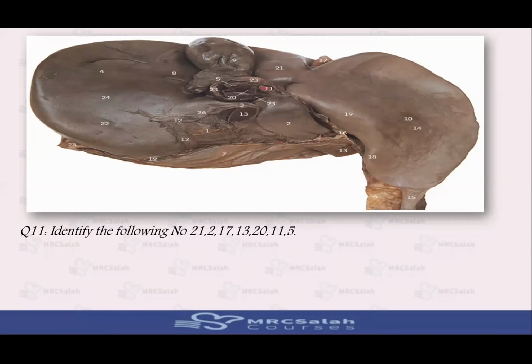Number 13, inferior vena cava. Okay, number 20. Portal triad. Yes. Portal vein. Number 11, hepatic artery. Yes.